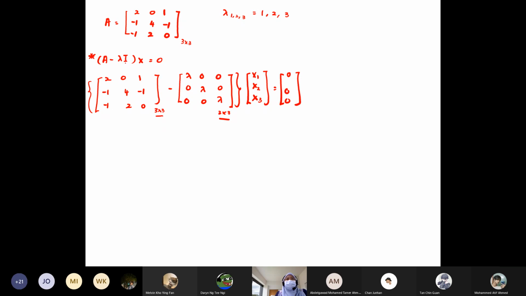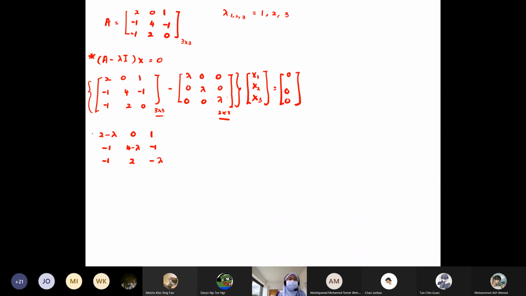Lambda multiplied by the identity matrix. I skip the step here and just write down lambda 0 0, 0 lambda 0, and so on. Then I proceed with the subtraction operation. So I have 2 minus lambda, 0, 1, minus 1, 4 minus lambda, minus 1, and then minus 1, 2, and minus lambda.